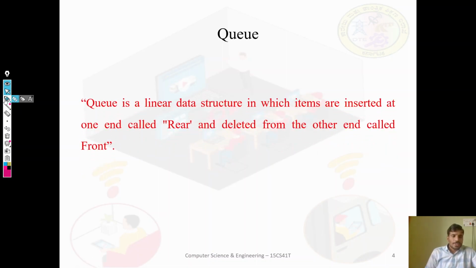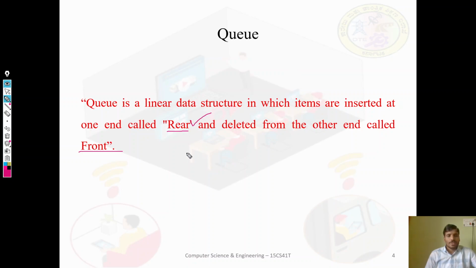Queue is a linear data structure in which items are inserted at one end called rear end and deleted from the other end called front. So a queue is a linear data structure in which two ends are used.